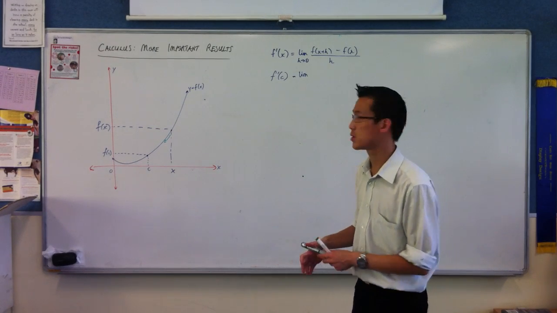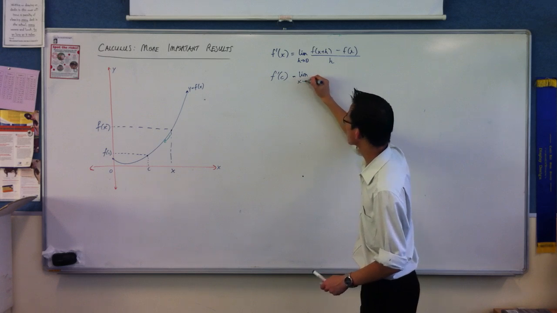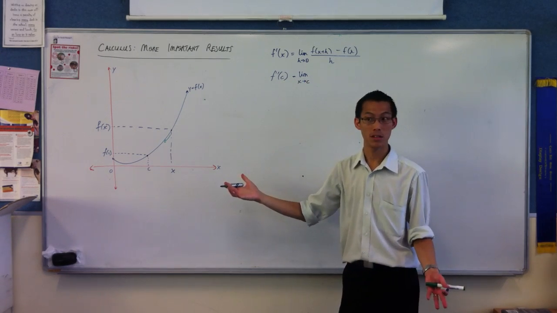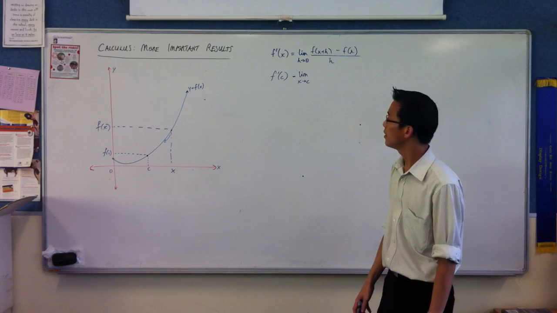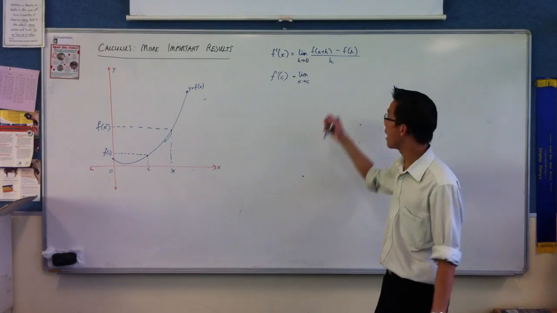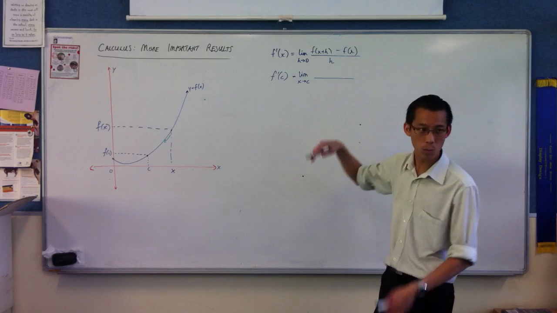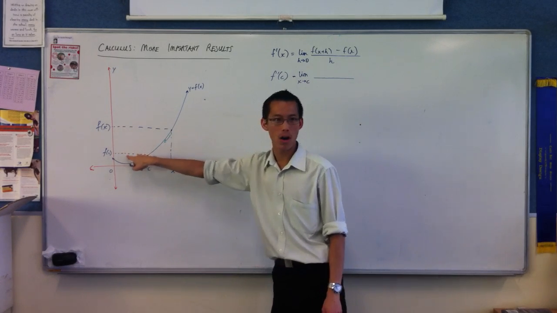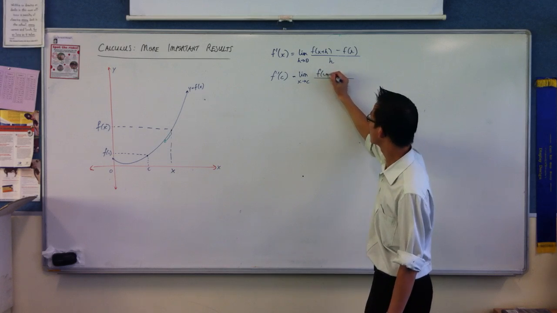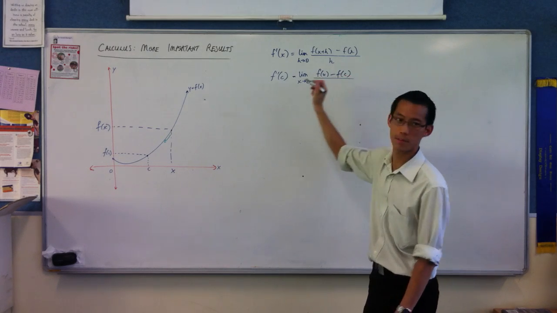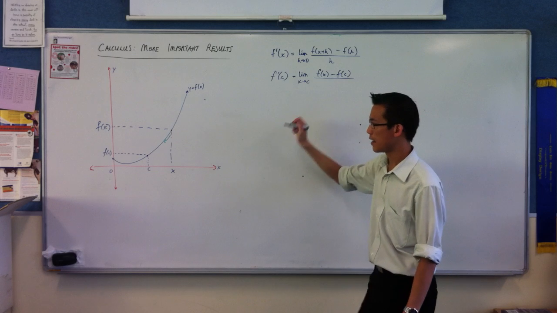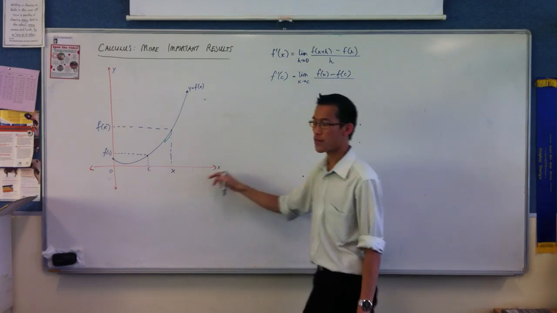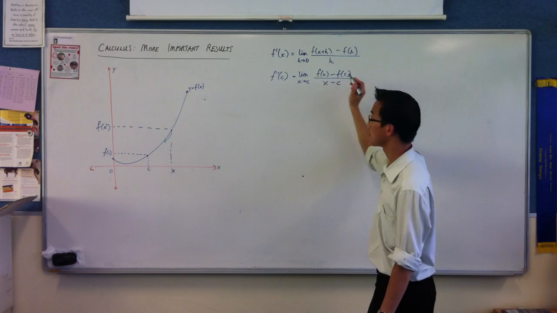So therefore, instead of h equals 0, I'm going to have x approaching c. Does that make sense? Therefore, in the same way, what have I got over here? This rise over run will also look slightly different. I'm going to have y2 minus y1, that's my rise. And in the same way, I've got my run over here, which is x minus c.